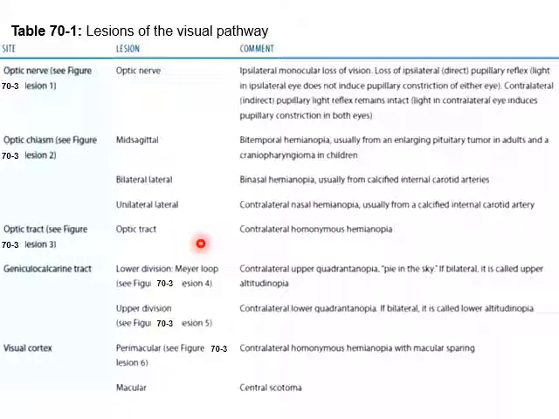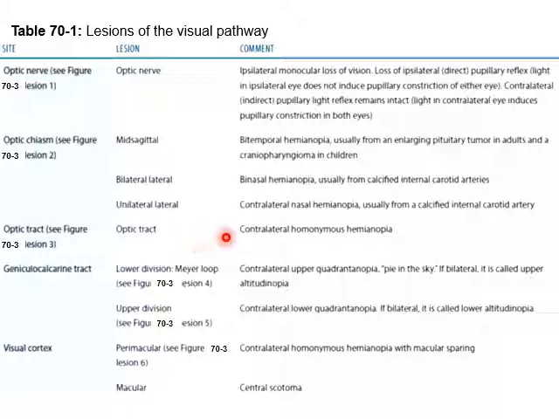When you damage the optic tract, as I said, the optic tract carries fibers that are taking impulses from the opposite side. That means the optic tract, which is made by the temporal hemiretina of one side and the nasal hemiretina of the opposite side, these two gather and make the optic tract, and they carry the visual impulse from what is located in the opposite visual field.